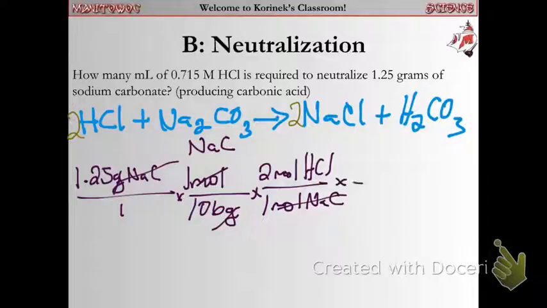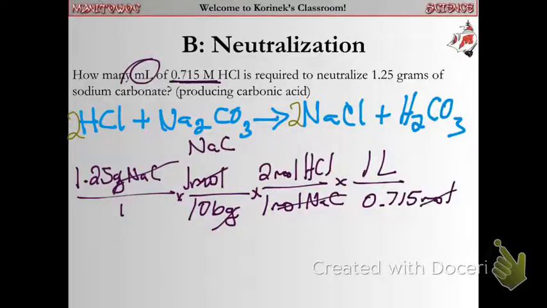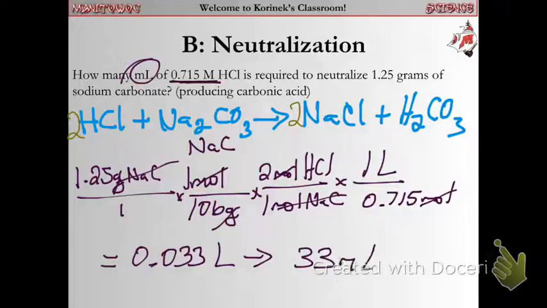And then to finish it out, because we're looking for milliliters, well, we have a molarity, so we should be able to say, okay, for every 1 liter, we'll add 0.715 moles of HCl, so those will go away. That'll give you the total amount in liters. That'll come out to, let's see, 0.033 liters, but if you do that quick transition, that's going to be 33 milliliters. All right, so that's a quick rendition of the stoichiometry that we will use when it comes to neutralization reactions.